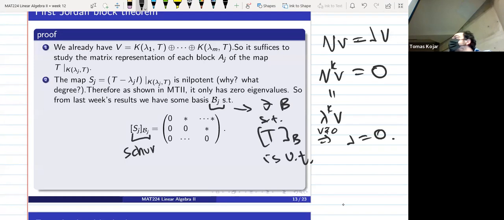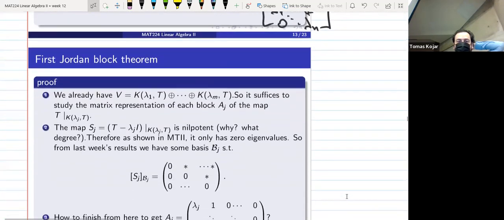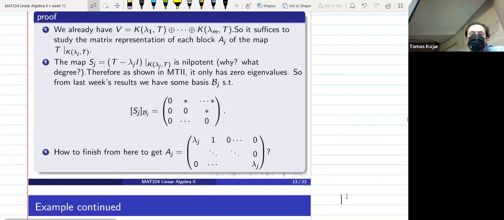It was very explicit, with lambda 1 to lambda n, but all the eigenvalues of a nilpotent are 0. Okay, good. So now we're almost there. What did we just do? We represented this map in a way that has 0 on the diagonal.